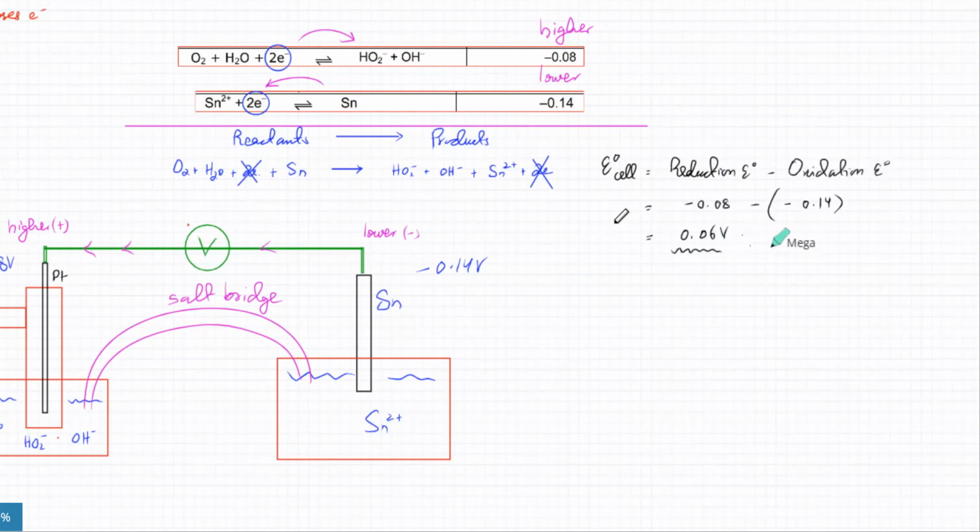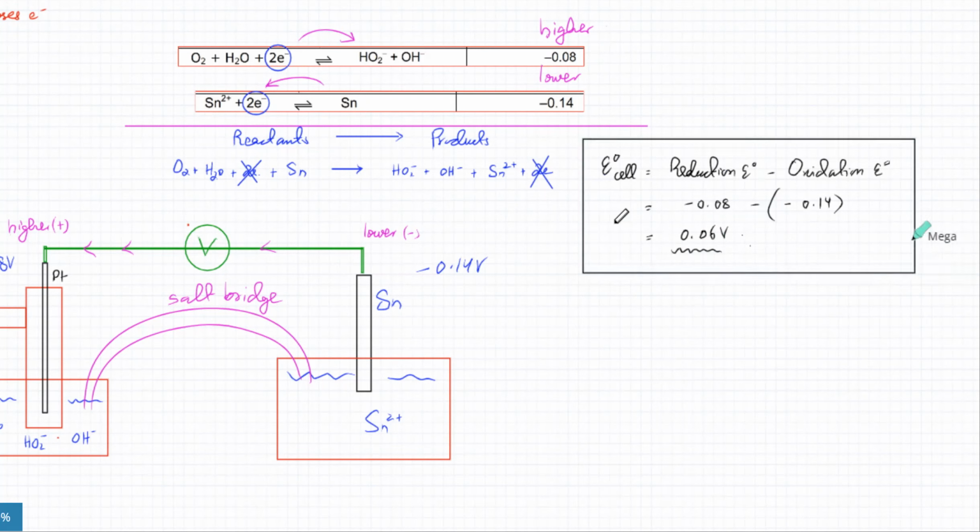Now this value will tell me how fast or how feasible the reaction is. So what information do you get from the E0 cell? If E0 cell is greater than 0, that means the reaction is feasible, or you use the word spontaneous for that.